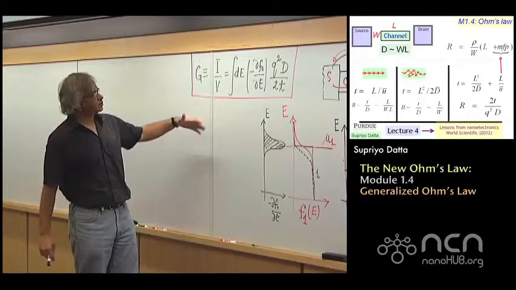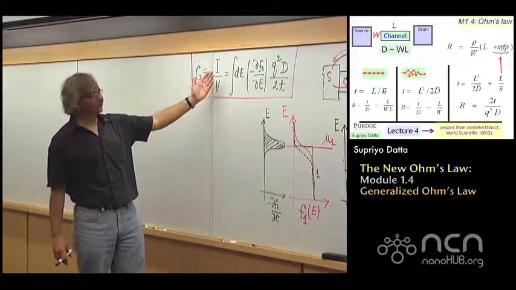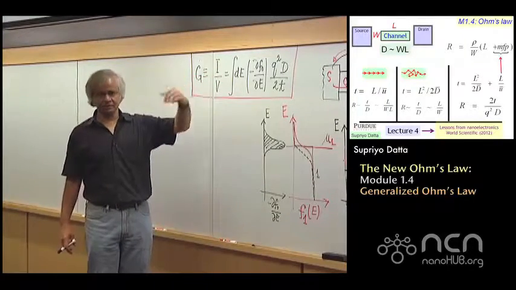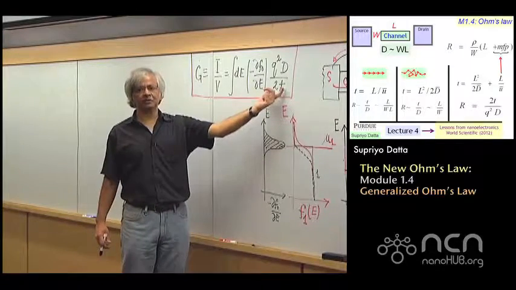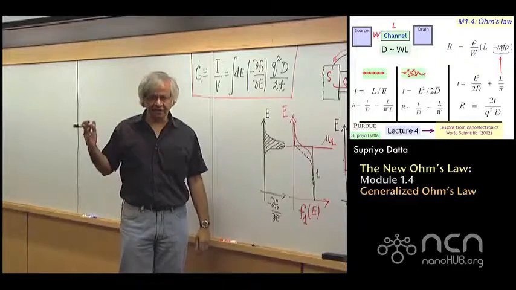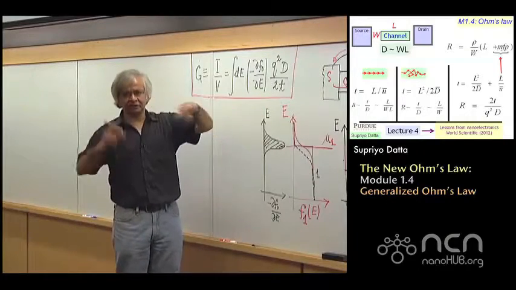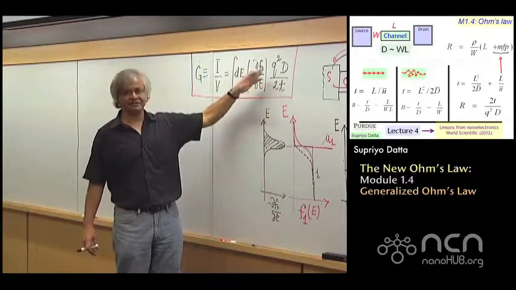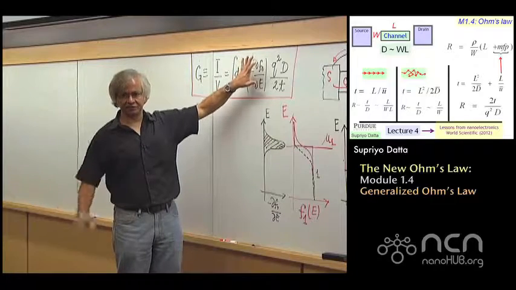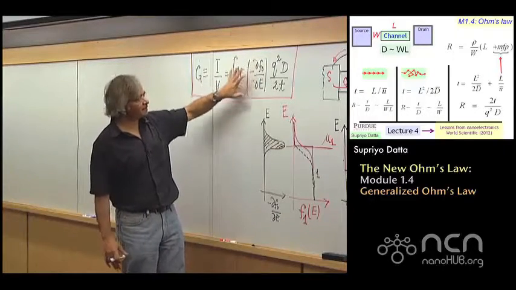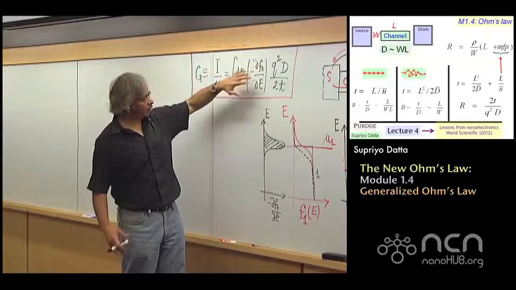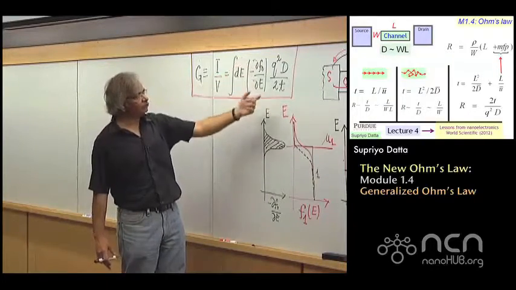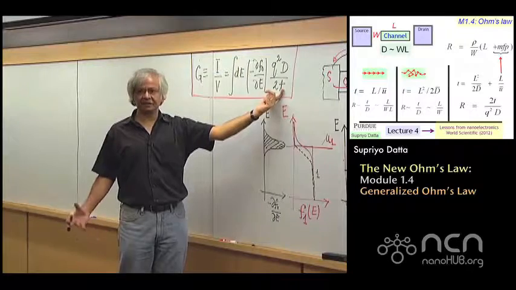Now, after this, when we talk about conductance or resistance, we'll work just with this quantity, Q squared D over 2T. The understanding is that it tells you the conductance at a given energy, and you can always average it over energy as needed. So I won't be carrying this integral all along, and we'll just talk about this as the conductance.